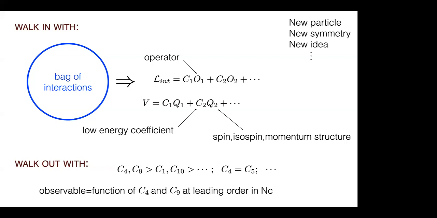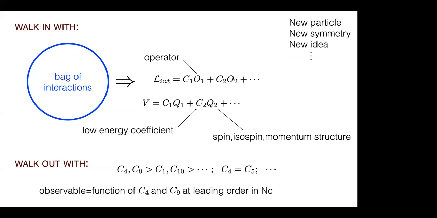And what we want to do is to provide a set of steps so that you can determine amongst all of these low energy coefficients, which ones are expected to be larger than the others, over and above whatever power counting and ordering and hierarchy might already exist because of another parameter. Some of them will be equal to each other because that's what an enhanced symmetry does. It restricts the number of possible independent low energy coefficients.